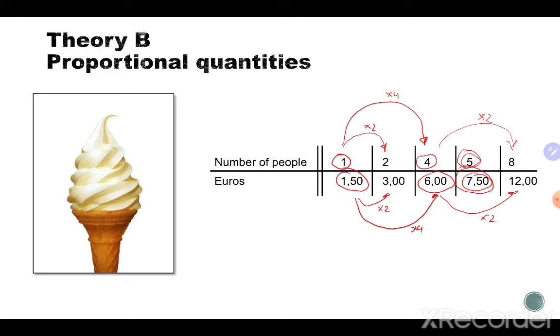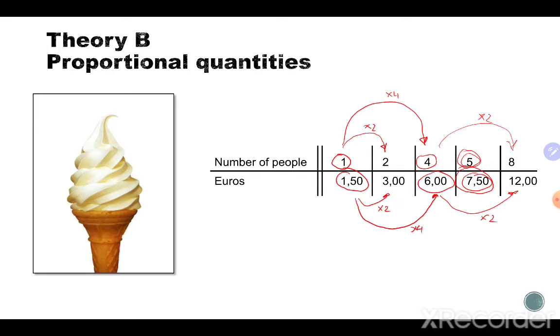If you multiply the quantity by 2, or by just a number, let me say k, in the book they use the letter k, then you also multiply the price in euros by 2, or by k. We can even create a formula from this table, because we know that the price for each ice cream is €1.50.